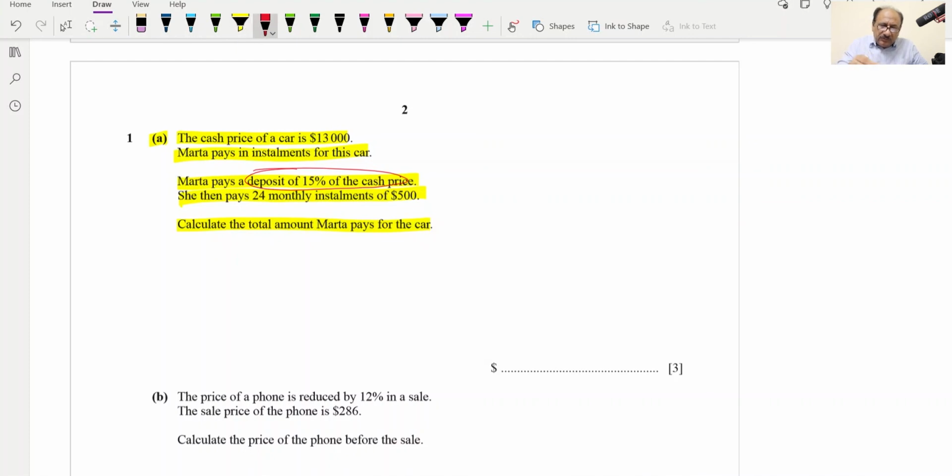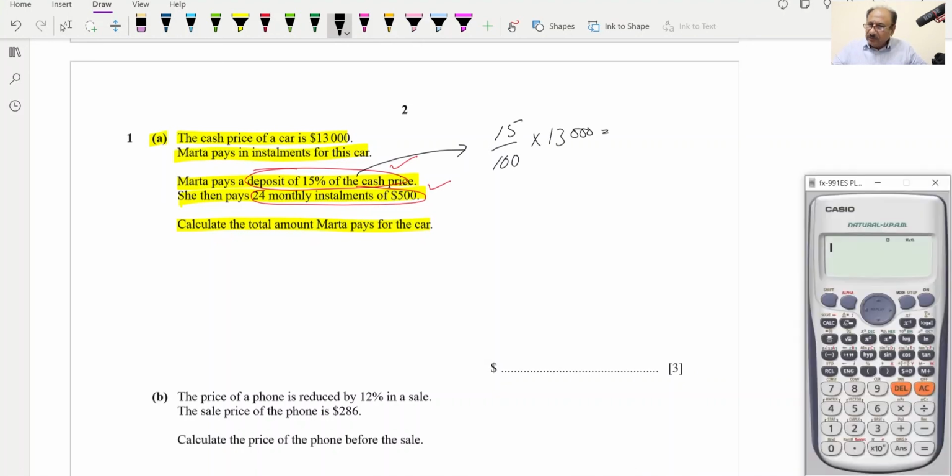So she has paid these two amounts. One is the deposit and the second one is the installments, which is 24 installments. First we have to calculate the 15%. So 15% of the amount, which is 13000, will be the amount deposited.